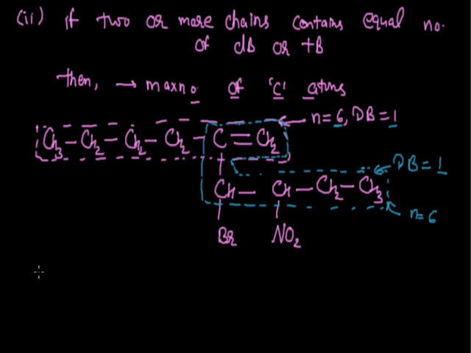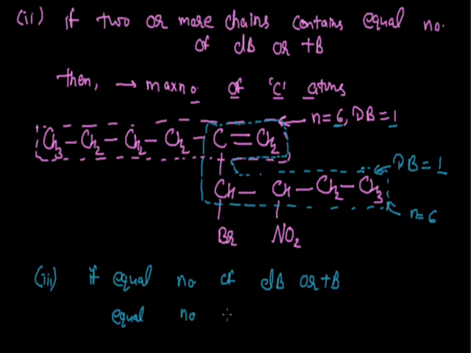So now we will take the help of the third rule, which says if the chains contain an equal number of double bonds or triple bonds, and also an equal number of carbon atoms, then we will select as the parent chain the one which contains the maximum number of branches or substituents.